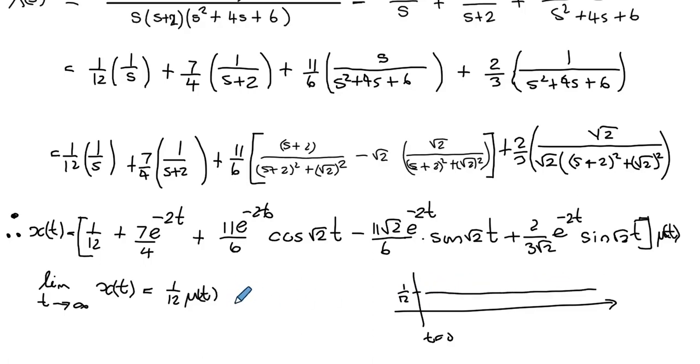What does it mean for a dynamic system? It means simply that as time goes to infinity, the value of this expression is a constant. In other words, you can also express that as this system settles at the value 1 over 12. So after a long time, this signal will look like a constant function x of t equals 1 over 12, starting to manifest at t equal to 0 as a causal signal.